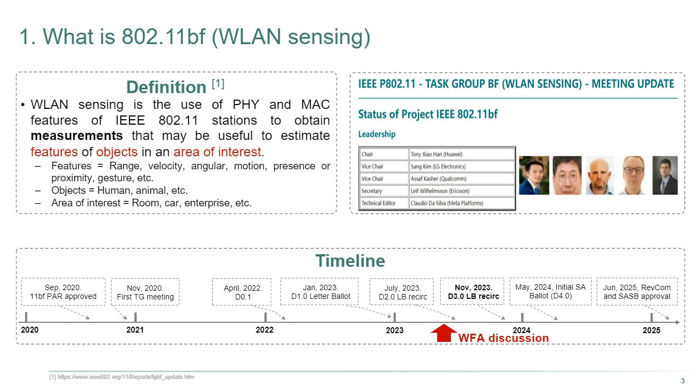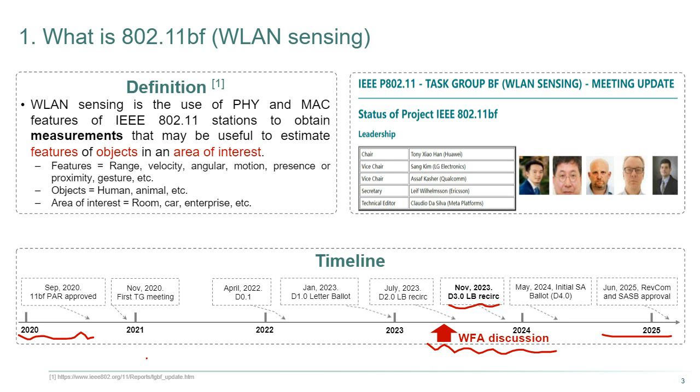Our standard initiated in September 2020, and we will end in June 2025. Recently, we released our latest draft 3.0, and we initiated the Wi-Fi Alliance discussion in June last year, which is a very important next step for our standard. I will describe more about this later.